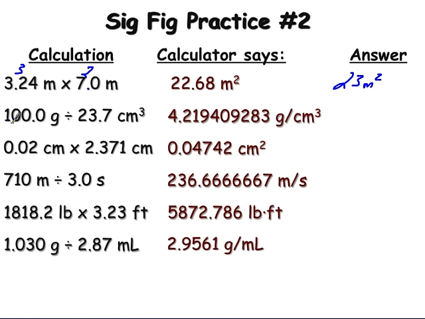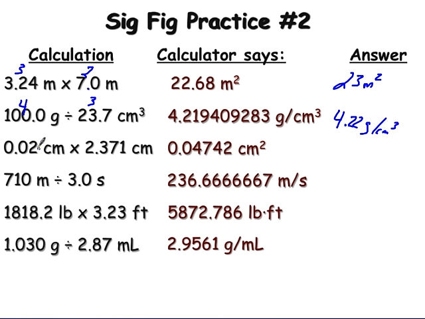This value, because there's a decimal, we count all these. 1, 2, 3, that's 4 sig figs in this one. 3 sig figs here. 3 sig figs is the smaller number, so I need to round to 3 sig figs. 4.219. Okay, since the number after the 1 is a 9, it means we're going to want to round up. 4.22 grams per centimeter cubed. Cool.